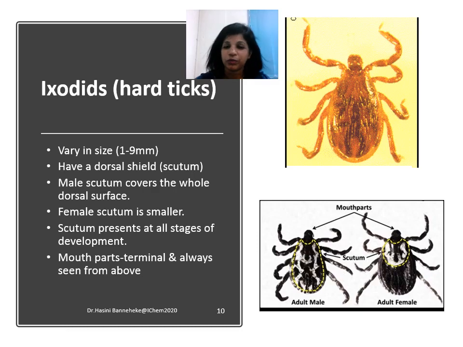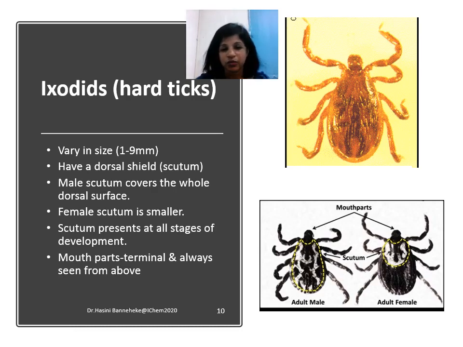Based on the shape and size of the scutum, we can differentiate whether it's a male or a female. Generally, in the male, the scutum covers the entire dorsal surface, whereas the female's scutum is smaller, as if it is wearing a short dress. So only part of the body is covered by the scutum in females.